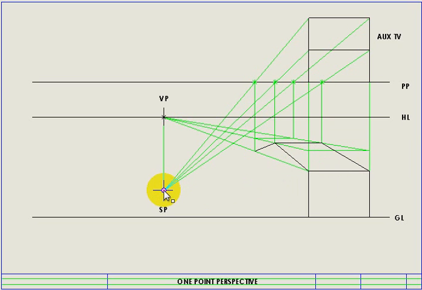Remember, if I'm standing at my stationary point and I'm looking up at this shape over here, I can see everything from the left all the way to the right, but I can't see anything behind those 2 points, which includes this point over here. That point over there would be further down below, behind this point. Anything behind this point over here and that point over there will then be hidden detail.